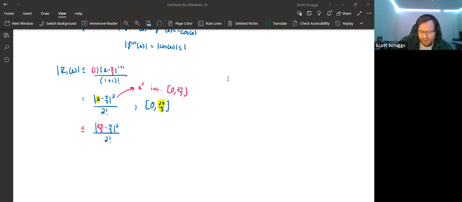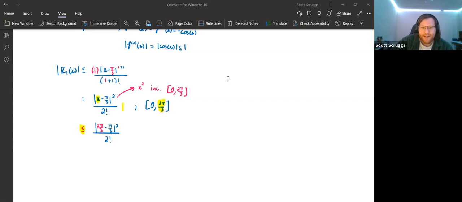For notation, note that I do need a less than or equal sign here, because I am saying no matter what value for x I plug in, it will always be smaller than if I plug in 2 pi over 3.